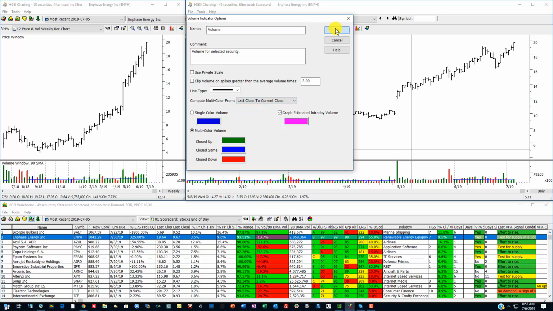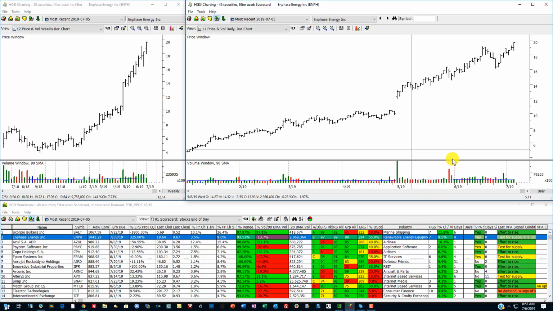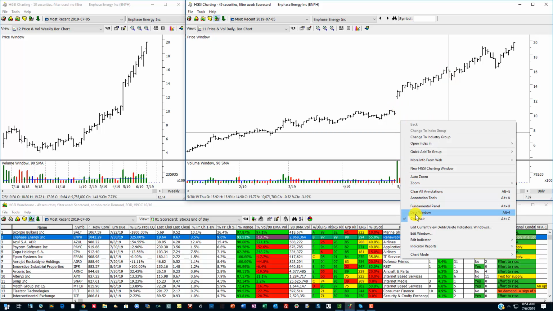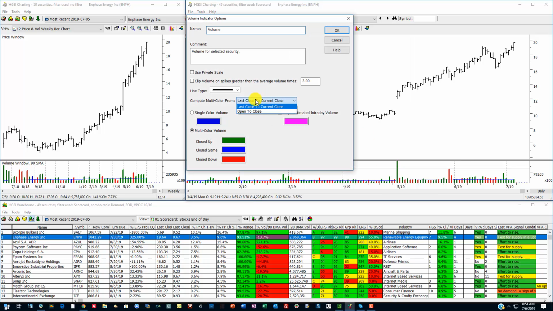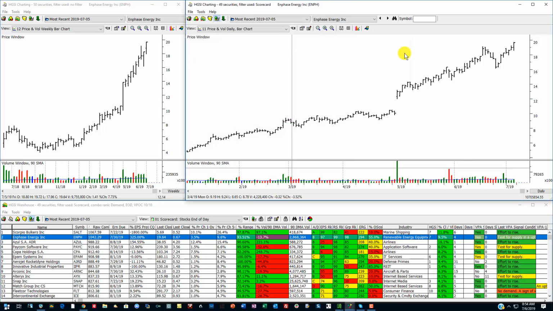If I change that to last close to current close, it would still be red because the current close on this was less than the prior day's close. But my standard way of looking at volume is, I need to get back in the right place. I use the open to close on all of my charts.